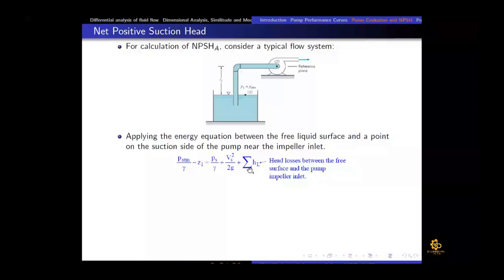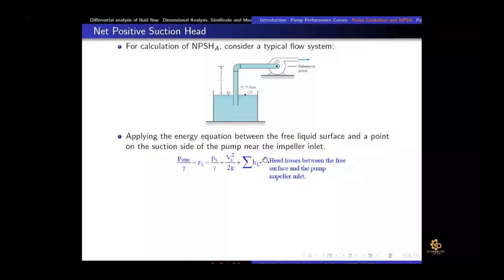Now, as you remember, if we want to find the net positive suction head, then we need the stagnation pressure at the suction side, which is PS upon gamma plus Vs square upon 2g, minus PV upon gamma. PV is the vapor pressure of water at that temperature.